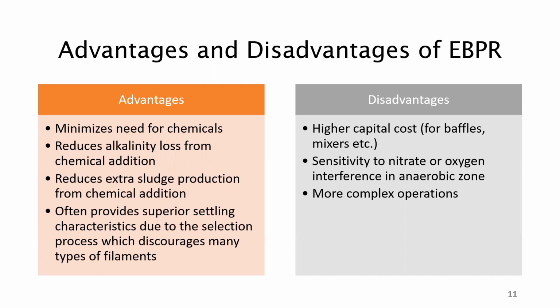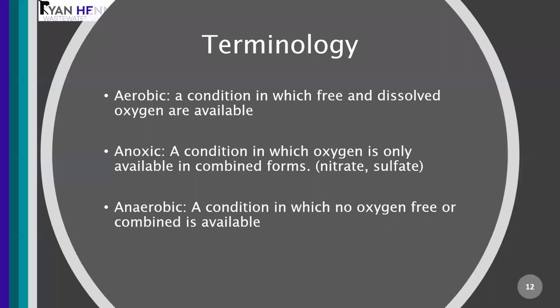So disadvantages of enhanced biological phosphorus removal is there's some capital cost, baffles, mixers, and it's going to be more complexity as far as getting the conditions right to have a present population of PAOs in the system. So just some general terminology.